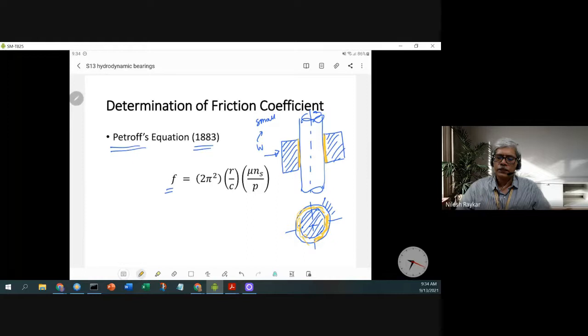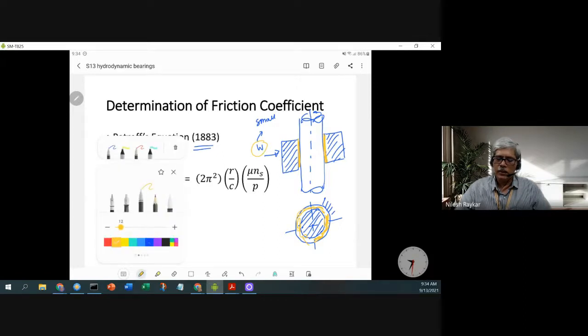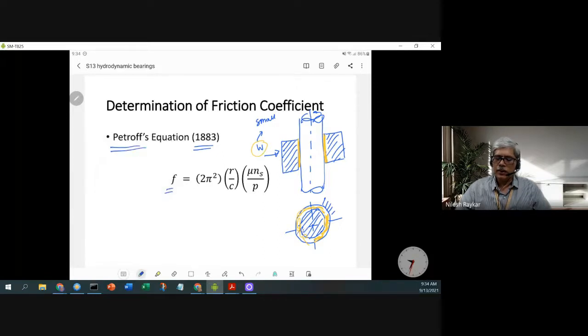In this analysis, a uniform gap between the shaft and sleeve is assumed everywhere, and whatever external load is acted upon is resisted by the pressure developed within the lubricant film. His interest was in the frictional drag getting generated. The basic principle used was Newton's law of friction, or Newton's law of viscosity.